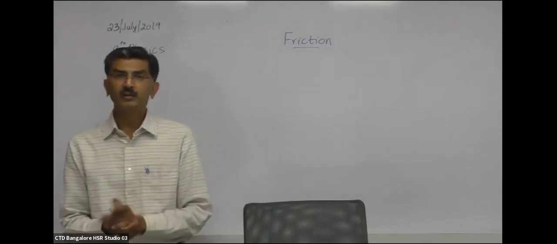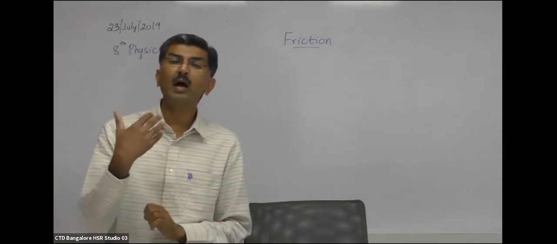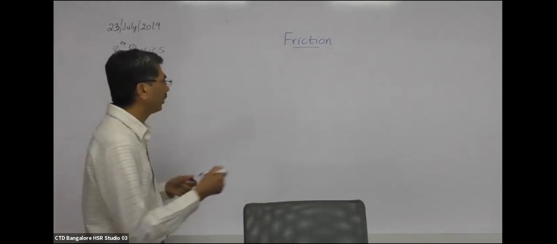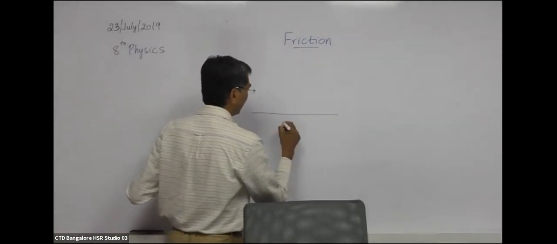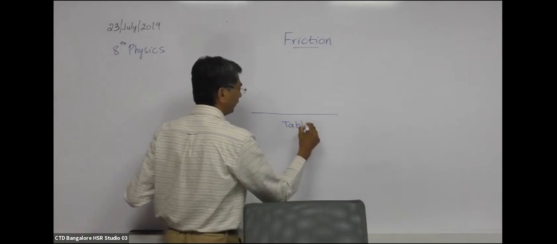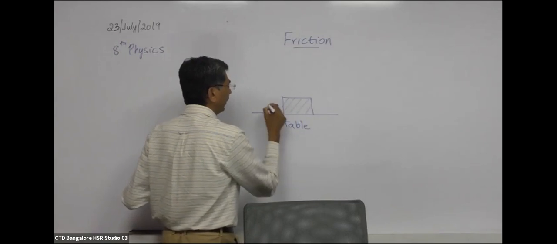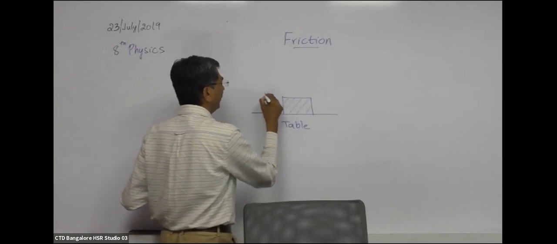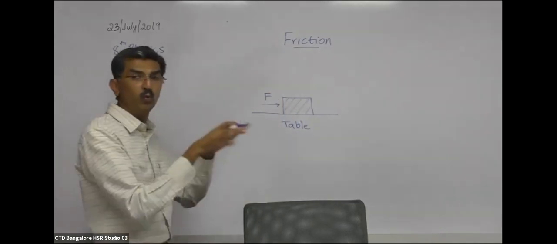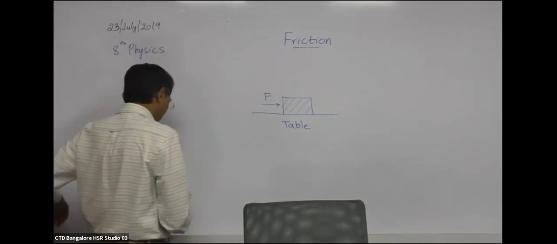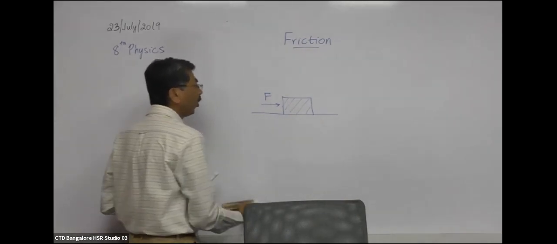In the last class, we learned one other thing about friction. So if you have a table top and then you keep an object here and there is a force of F trying to move the block, then there is a force of friction which acts in the opposite direction.